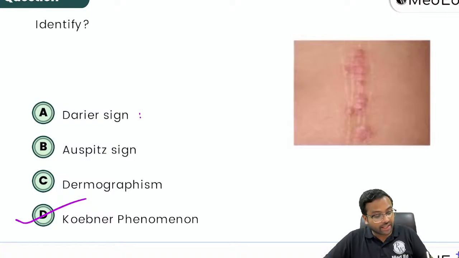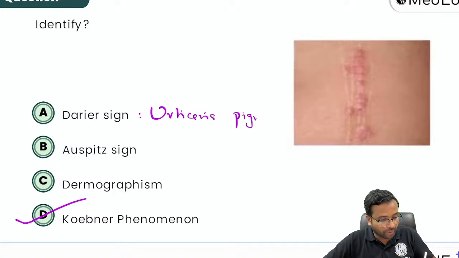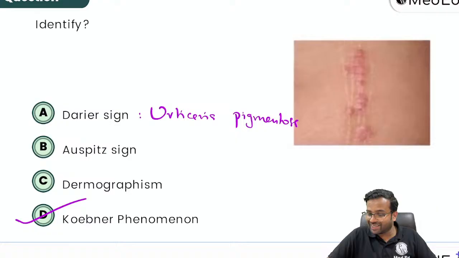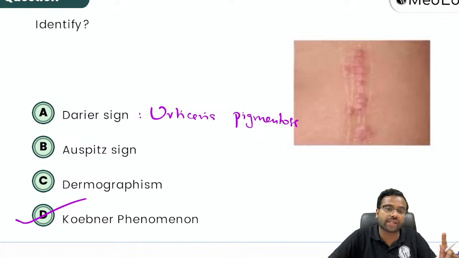Yeah, Darrier sign, very good. Cutaneous mastocytosis, says Sai Shri Balakrishnan. Yes, this is seen in urticaria pigmentosa. It is an example of Darrier sign. John is also answering. So Darrier sign is seen in urticaria pigmentosa.